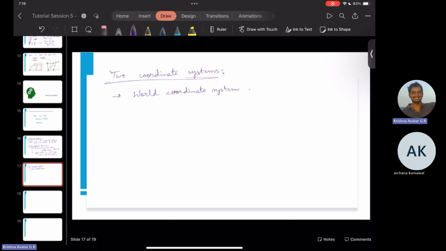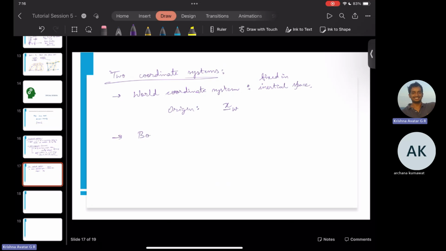So the world coordinate system must be an inertial space, or must be fixed in inertial space. And we denote the origin of the world coordinate system as x_w. W implies world.